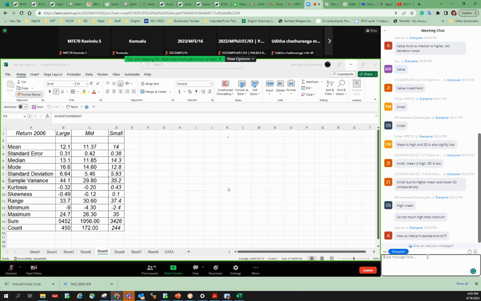Then based on monthly or daily return, you can calculate these central tendency measures and measures of variation, then you can come to a conclusion.